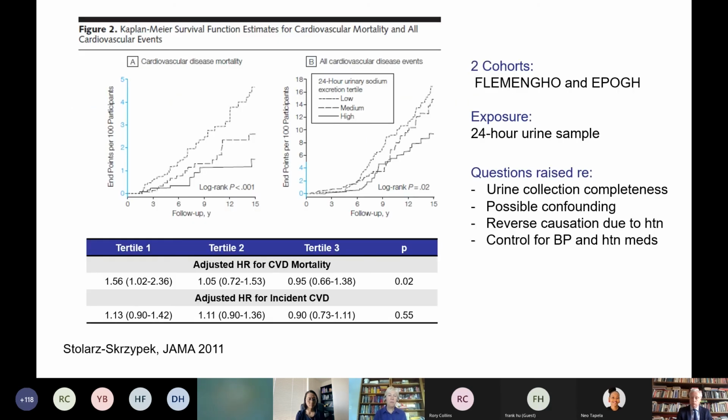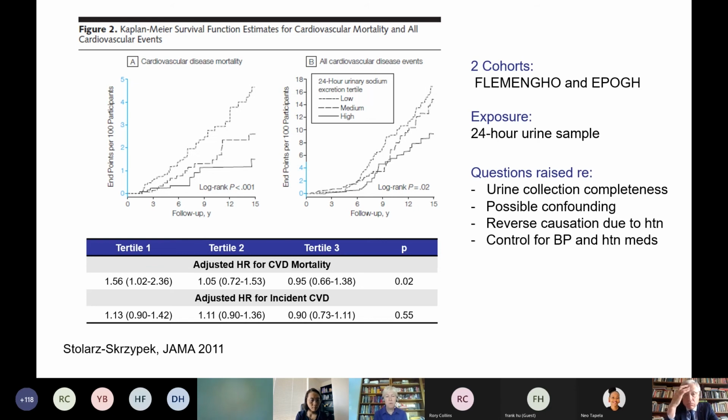So here are a couple of the studies that have reported on observational associations of sodium and cardiovascular disease. This one is looking at cardiovascular mortality. So this was done in 2 cohorts and published in JAMA in 2011, and they used a 24-hour urine sample.